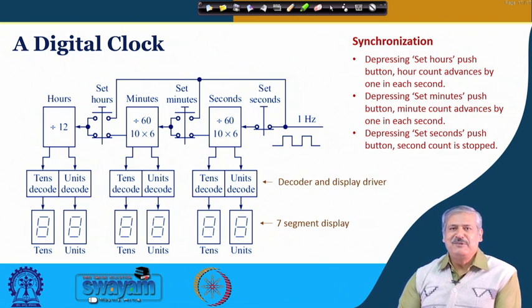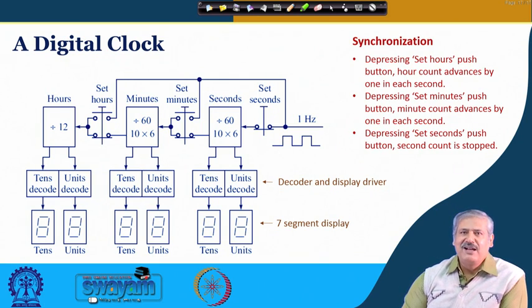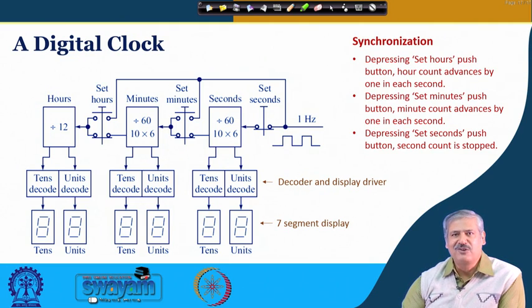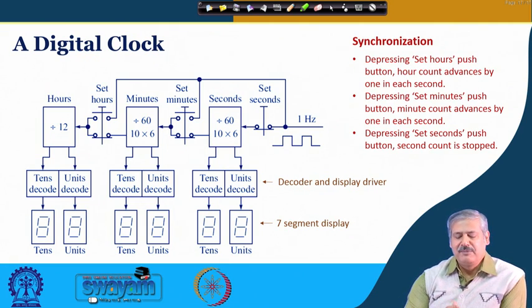Now, to end this particular class, we shall have a look at one simple example of getting a digital clock using multiple counters and an arrangement to calibrate it, to set the time right.